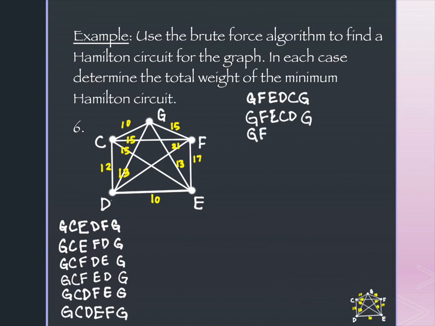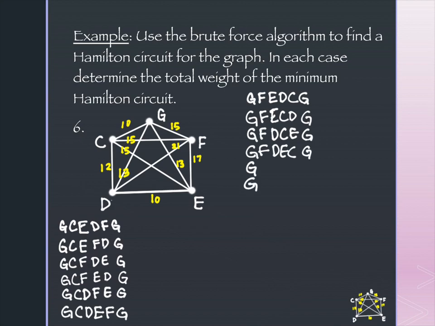I got 6 of them that started out GC, right? So there's going to be 6 of them that are going to start out GF. And there's going to be 6 that are going to start out GE, and there's going to be 6 that are going to start out GD. Does that make sense? We've got to have the same number in each of these reiterations. Okay, so GF, let's see, I could do GFDCE, or GFDEC.